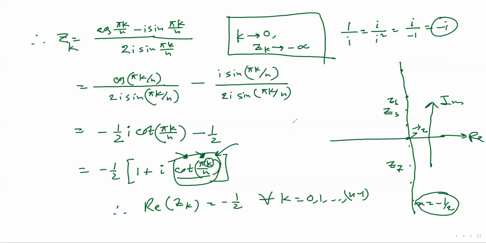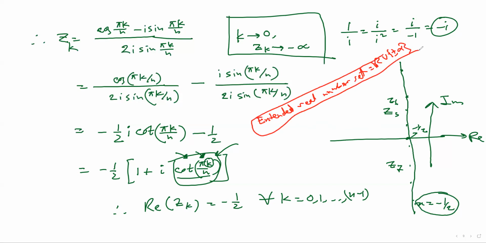You will be introduced to a special kind of set, for example, the extended real number set, which is the set of real numbers union plus and minus infinity. In this set, we treat infinity and minus infinity just like other real numbers. Similarly, if you apply the idea of an extended complex number set, then that solution is acceptable.